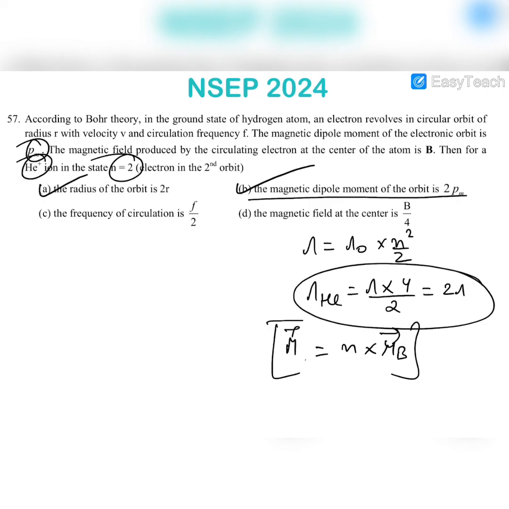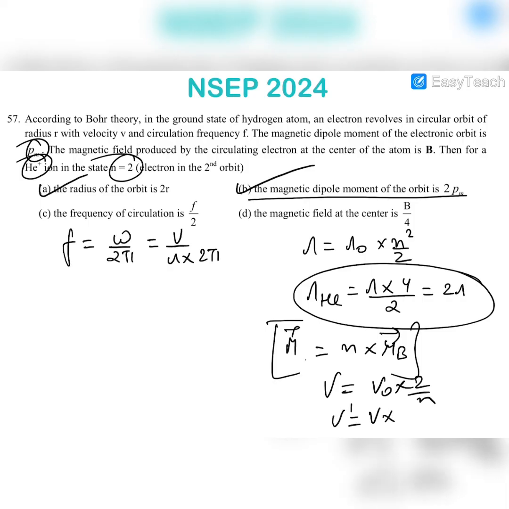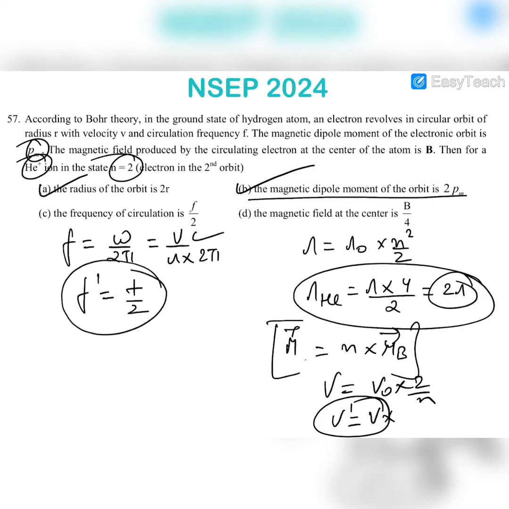Now frequency of circulation. Frequency f is equal to omega by 2 pi, and omega is v by r. We know that velocity is v naught into z by n. So velocity v dash will be v, as z is 2 and n is 2, so v will be the same. And as the radius is doubled, frequency f dash will be f by 2, because v is the same and radius is doubled.